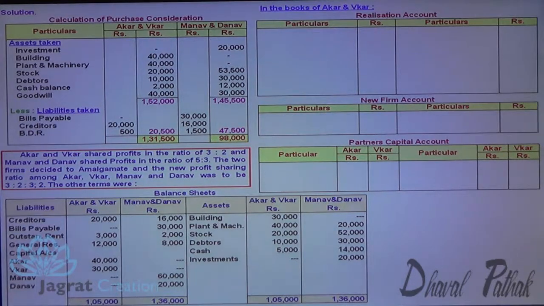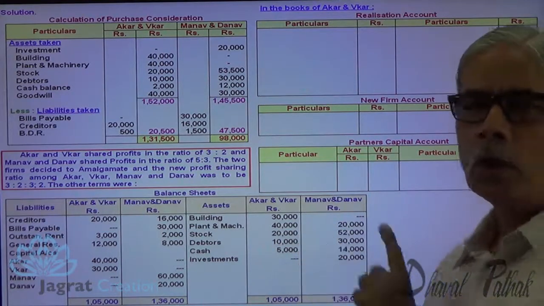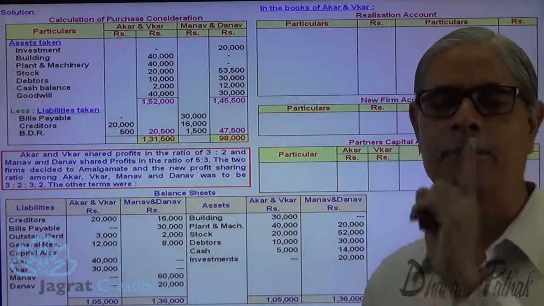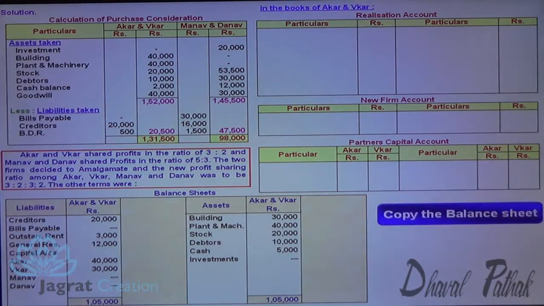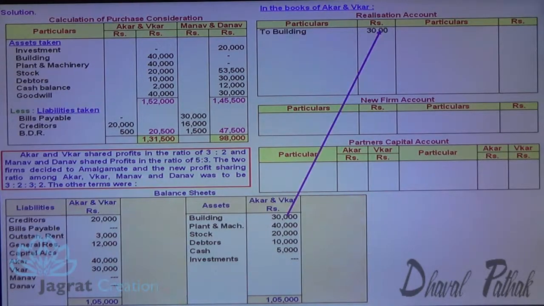Now first step for the purpose of solving the sum, all the assets and liabilities to be realized are transferred to the debit side of realization account. So here, copy the balance sheet. So all the assets are transferred to the realization account. Building debited to realization account, plant and machinery, stock, debtors, investments are not there.